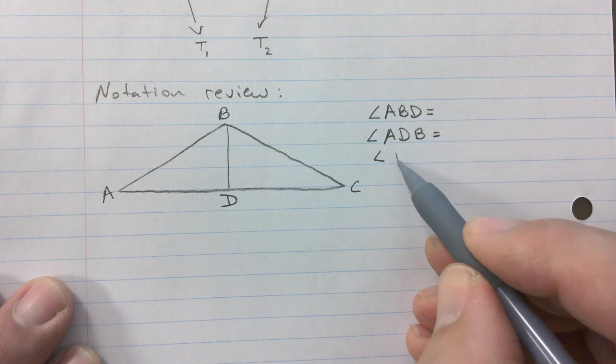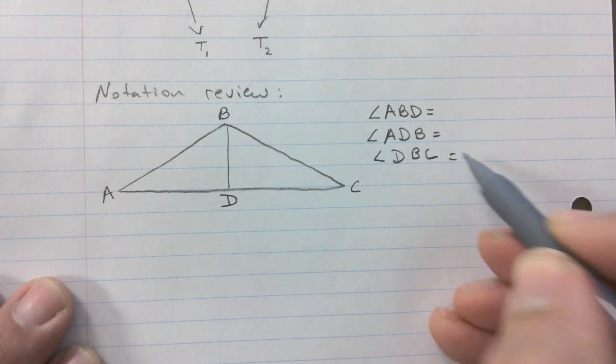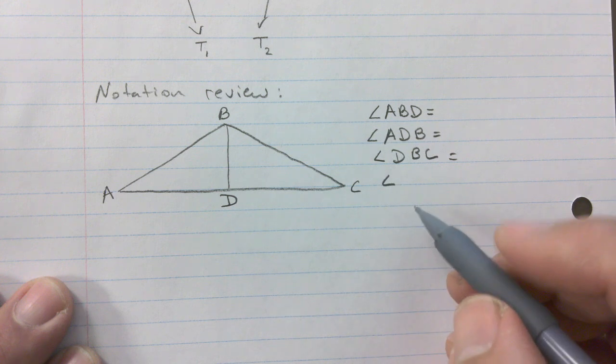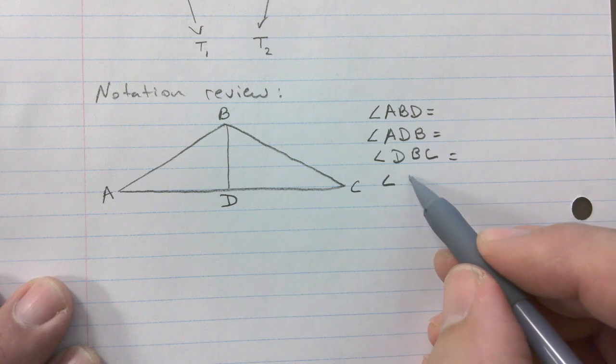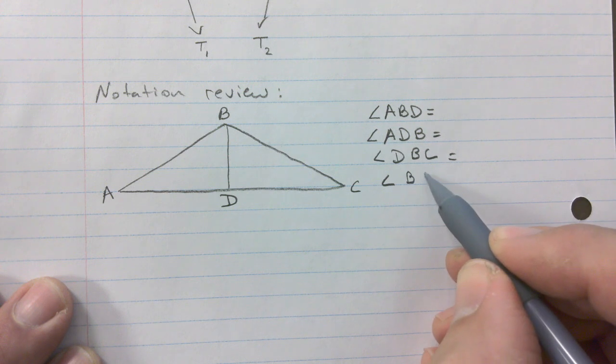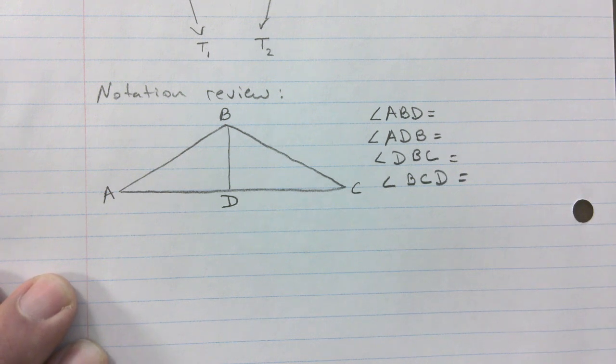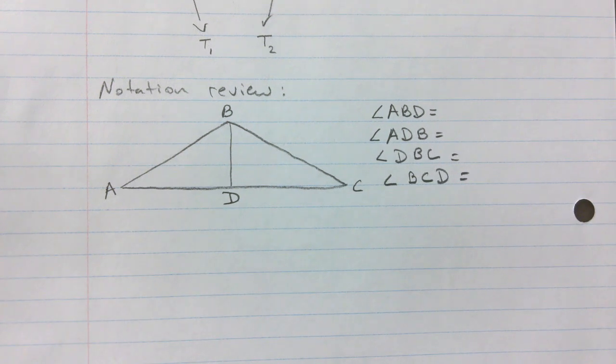I'll ask you to label DBC. Angle BCD. Let's just do those. Like, you could go on for a long time, but if you pay attention, I think you got it after this, okay? If I just show you how to do this.